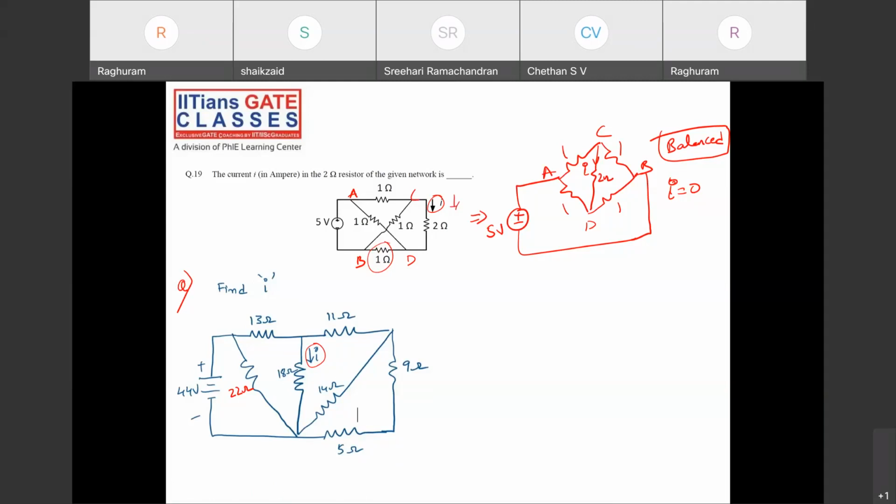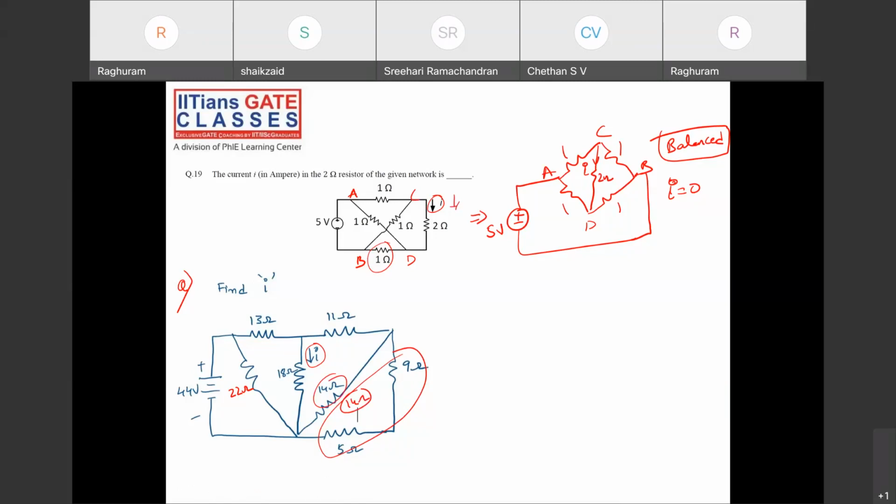See again, everyone look to your screens. 9 and 5, how are these two? Series, right? 9 series with 5 is 14 ohms. So 14 ohms is in parallel with 14 ohms.